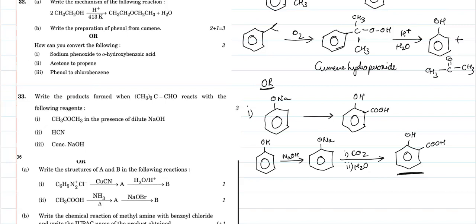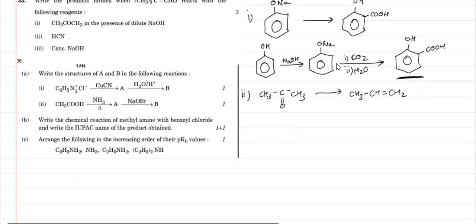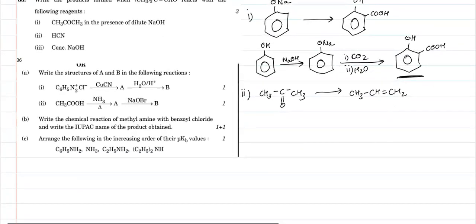The next one here is acetone to propene. So acetone is CH3COCH3, giving us propene, CH3CH double bond CH2. So how did this get converted to this?